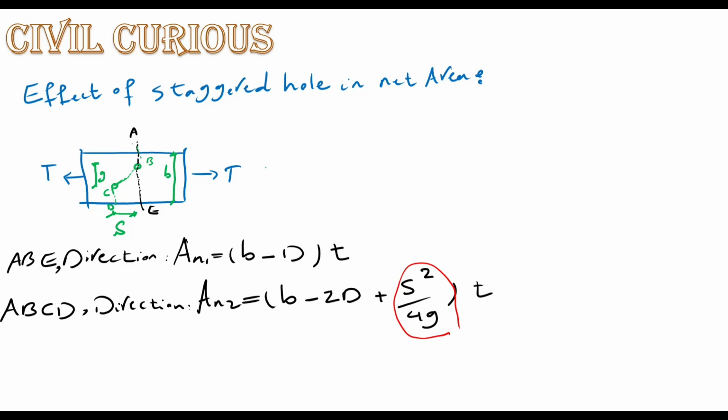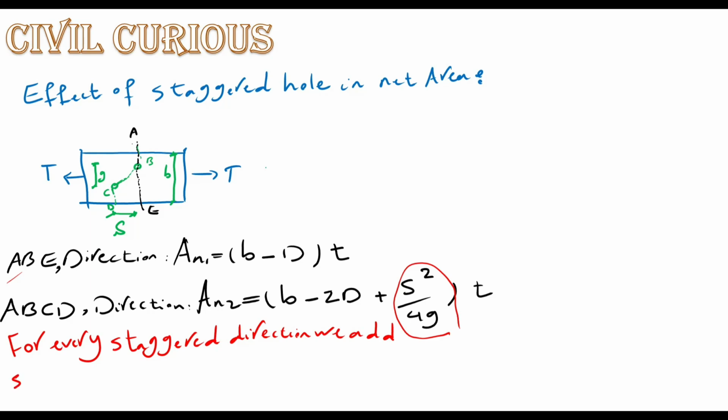Let me write that for you. For every staggered direction, we add S to the power of 2 divided by 4 times G to our calculation.